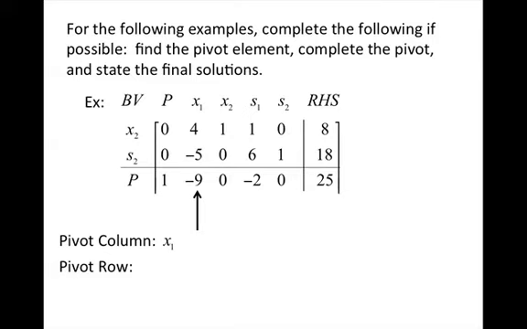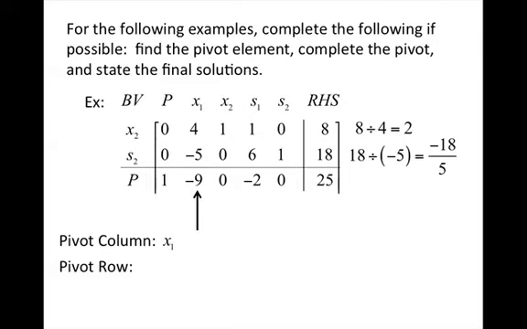Now to find the pivot row, I divide the right-hand side values by the pivot column values. So in row 1, 8 divided by 4 is 2. And in row 2, 18 divided by -5 is just -18/5. I've been saying I want the smallest non-negative value.